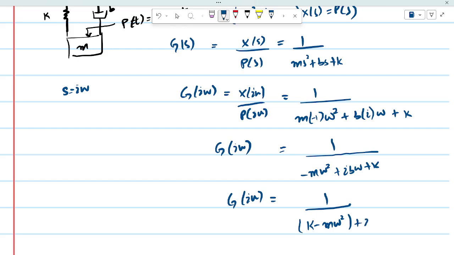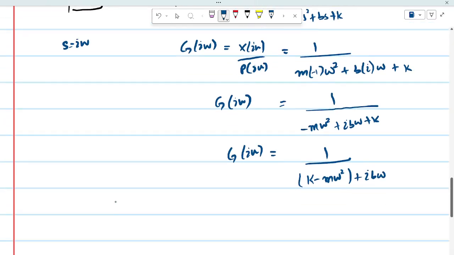That's a complex number, b omega being the imaginary part. So if you remember, any complex number equals the real part plus i times the imaginary part. So we have a real part and an imaginary part, so it takes again that form.